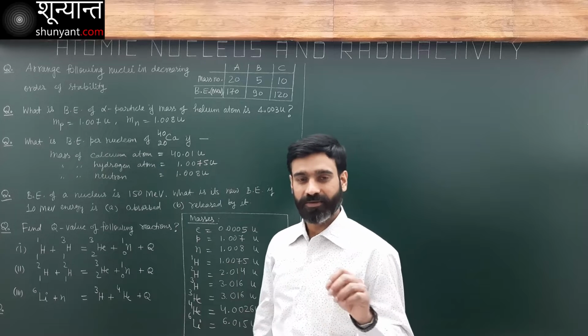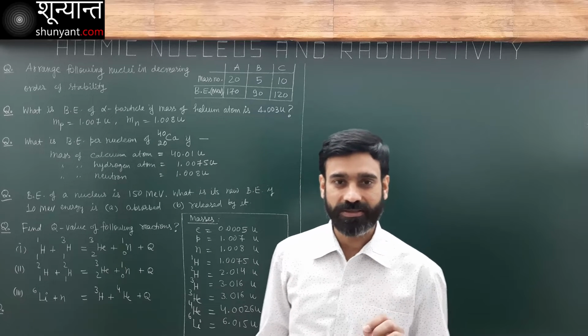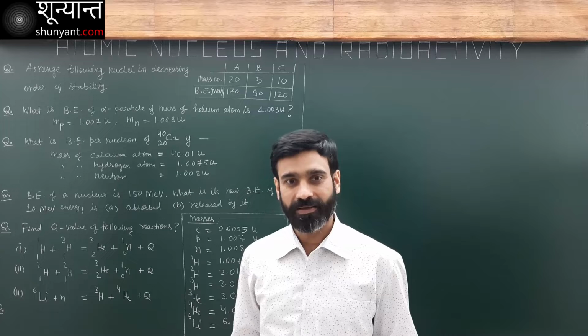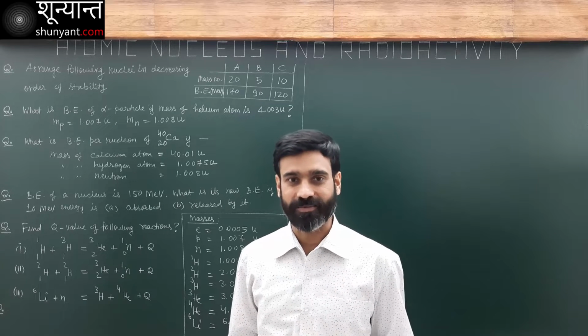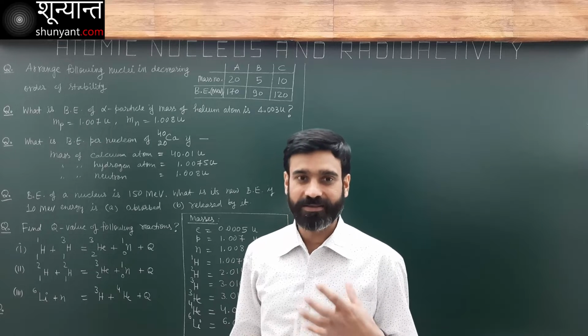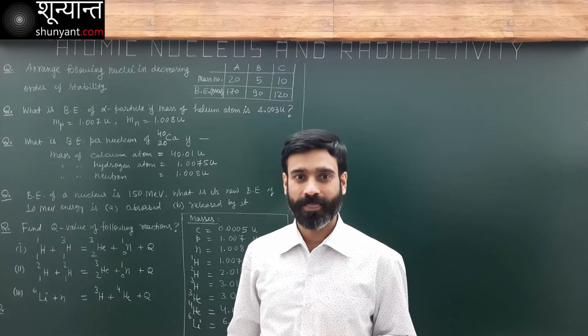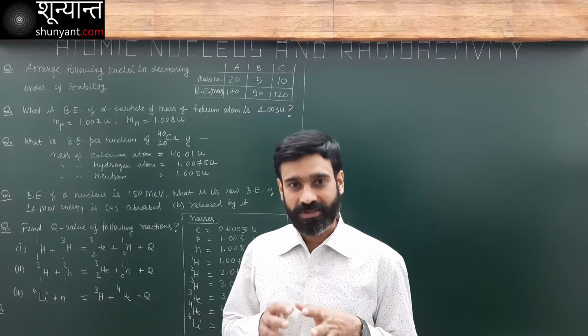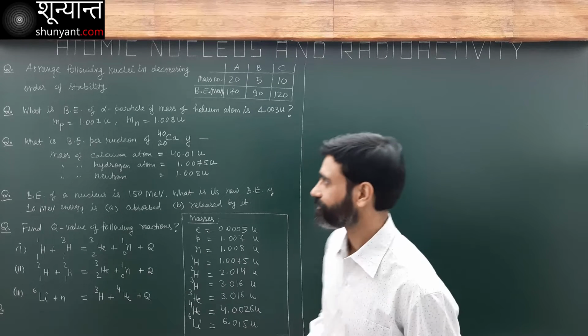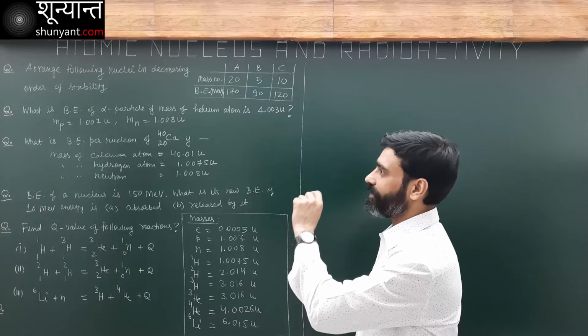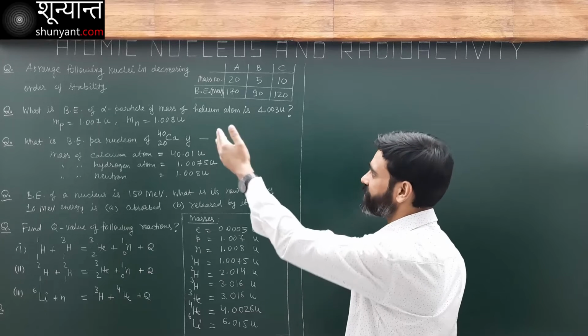There is a very special significance of binding energy per nucleon: the higher the value, the higher the stability. The more binding energy per nucleon I have, the more stable that nucleus is going to be. Now, using that concept, let's start the first question itself.